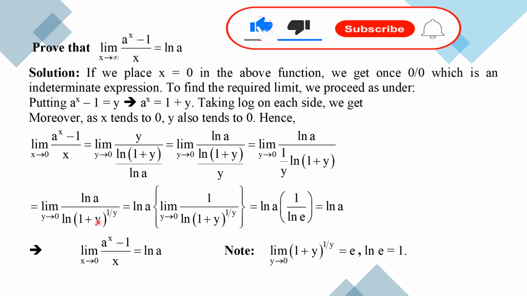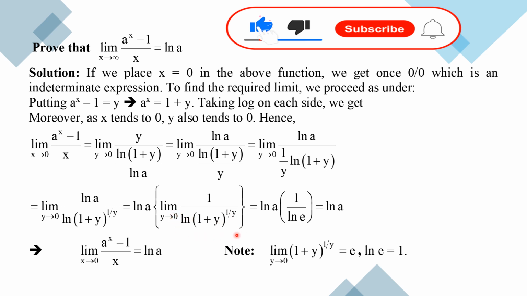So here limit y tends to 0 ln a, and by using the property of logarithm, 1 over y becomes the power of that, 1 plus y to the power 1 over y. ln a is a constant, so we can apply the limit inside. Limit y tends to 0, 1 over ln 1 plus y to the power 1 over y, ln a, and what about this 1 plus y to the power 1 over y?